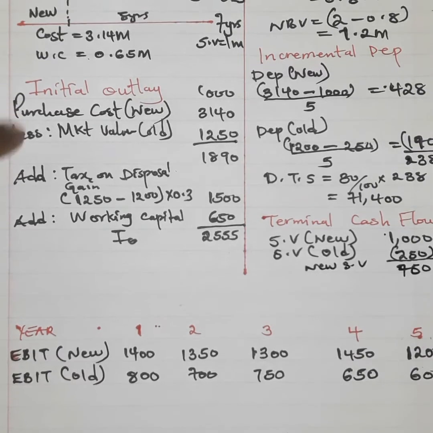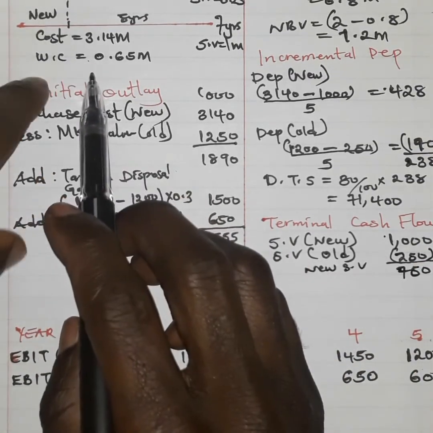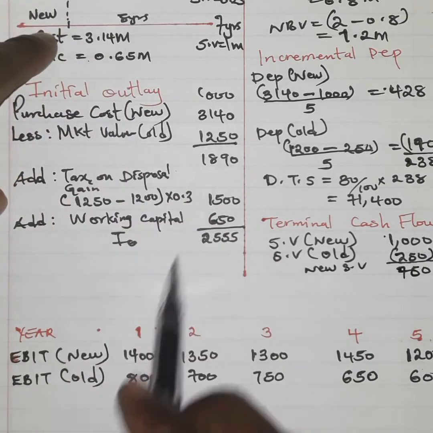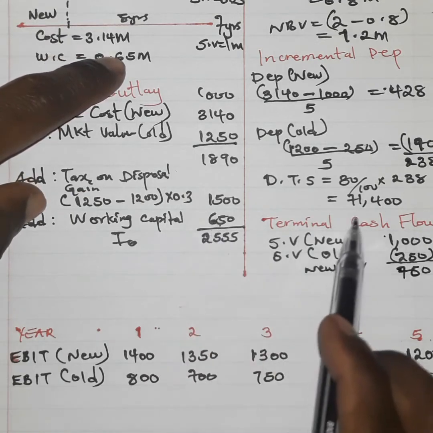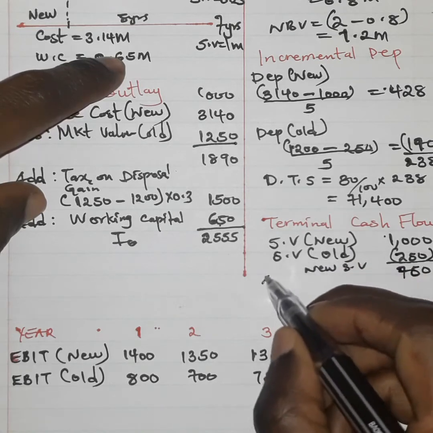But now you see, this is the new salvage value. We are told in the question that this working capital, which was reinvested at the beginning, of course we added it here, was recovered at the end. So it forms part of the terminal cash flow, and it is supposed to be added.